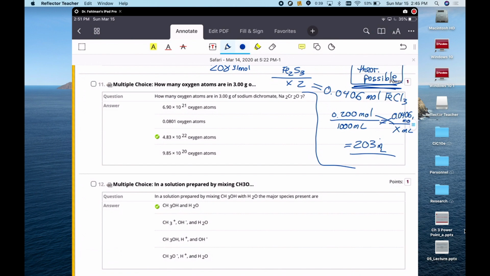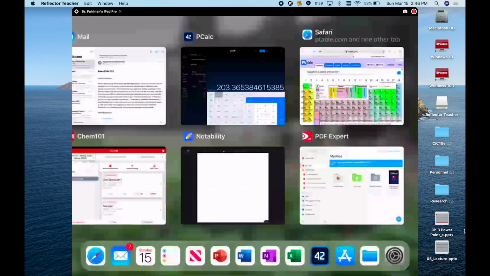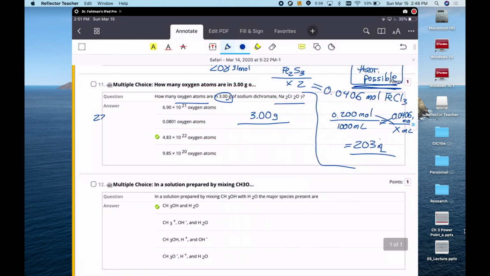Here, how many oxygen atoms are in 3 grams of this? First thing we have to do is convert grams to moles. So 3.00 grams, and this is going to be a doozy. Sodium we can say is 22.99, and there are 2 of them. Oxygen, and there are 7.